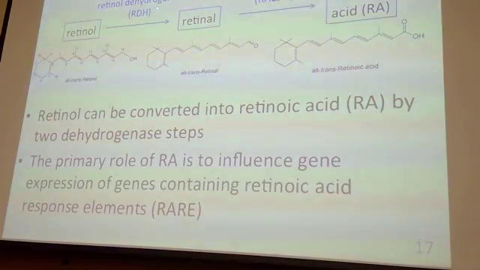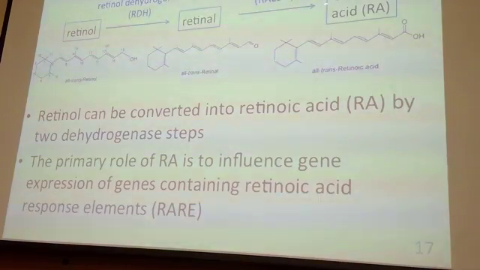There are two enzymes which mediate the conversion of these different retinoids. We have retinol dehydrogenase, which converts retinol to retinal. And then we have retinal dehydrogenase, which converts retinal to retinoic acid. So these are the two main forms we're going to think about in terms of activity: retinoic acid affecting gene expression, and retinal having a specialized role in vision.